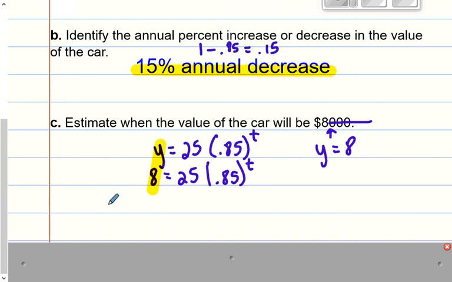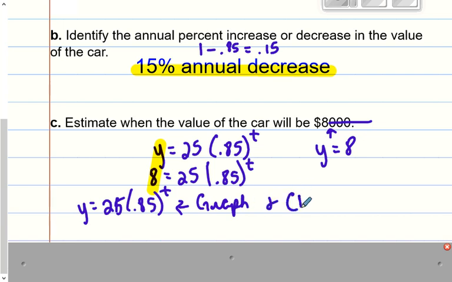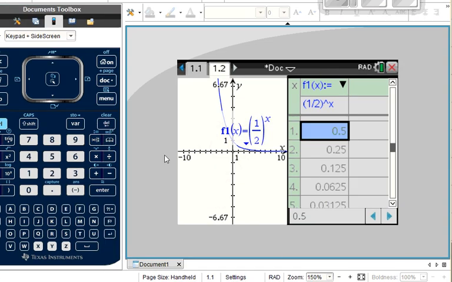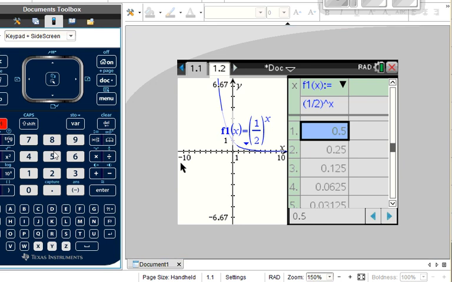So we're going to graph Y equals 25 times 0.85 to the T, just in our calculator, and check the table. We're not drawing the graph. We're not drawing the table. We're just in our calculator, graphing and checking the table. So let's do that.